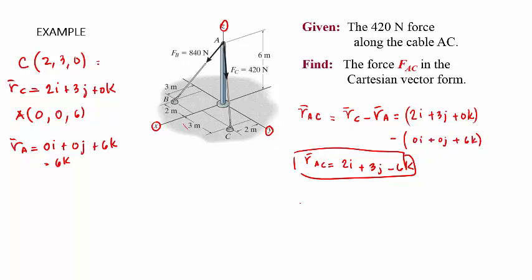So it's this. Now, I need the unit vector in that direction. U_AC would be that vector AC divided by its magnitude.